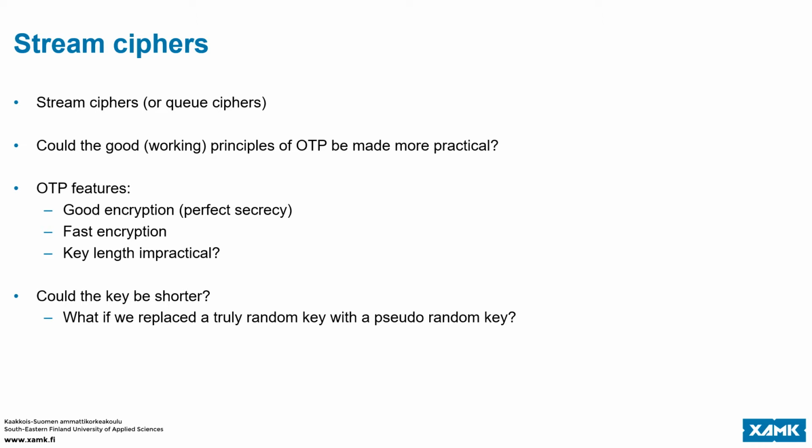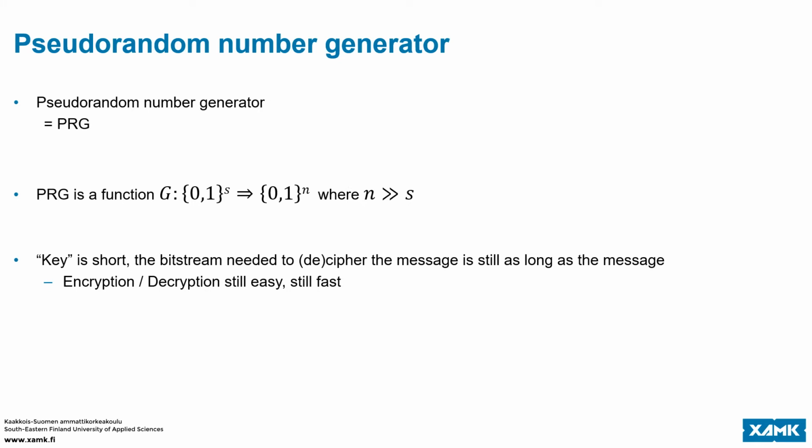So could the key be shorter? What if we replaced a truly random key with a pseudo-random key? To produce pseudo-random numbers, we need a pseudo-random number generator, or a PRG.